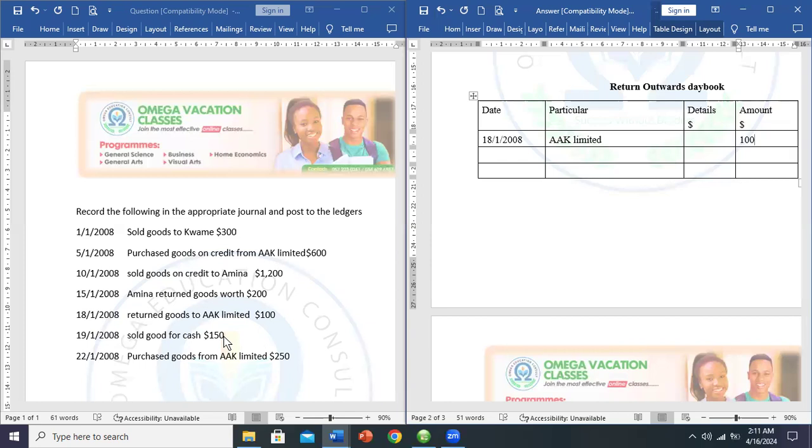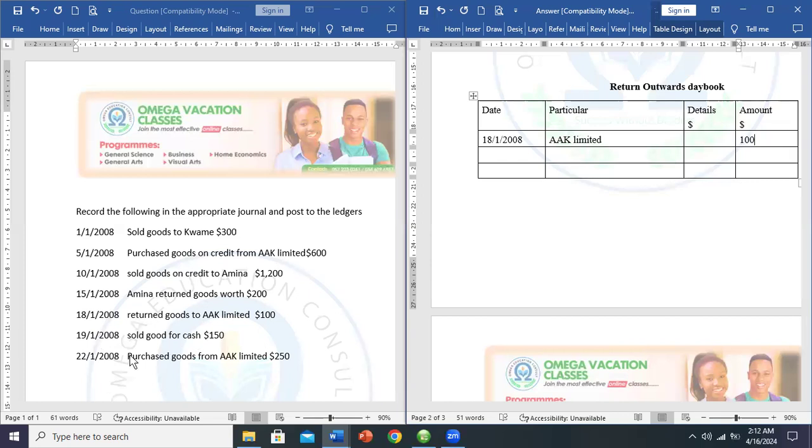But I was expecting you to ignore this one regarding what we had discussed, because I was only looking out for the sales day book, purchase day book, return inwards and return outwards. And this particular transaction will be in the cash book. So I was not expecting to see the cash book solely because we have not discussed that. So that is it for the transaction on 19.